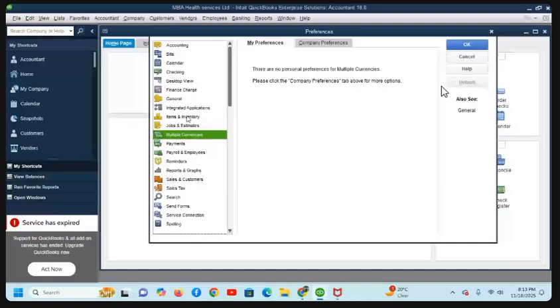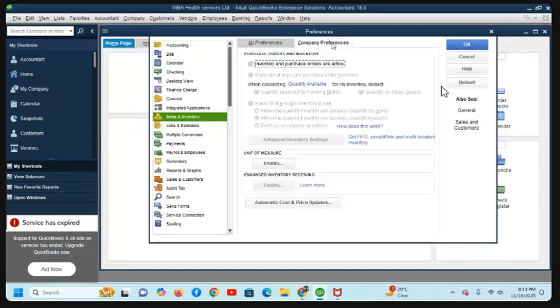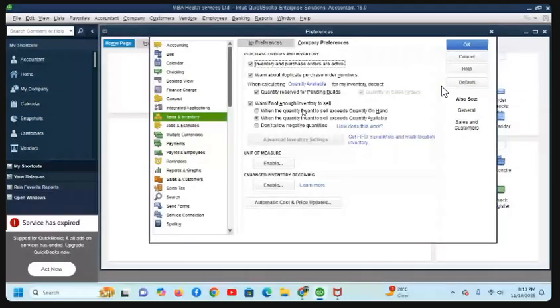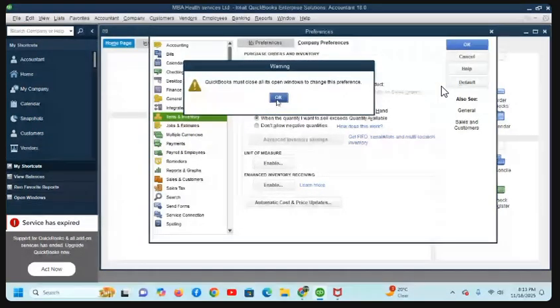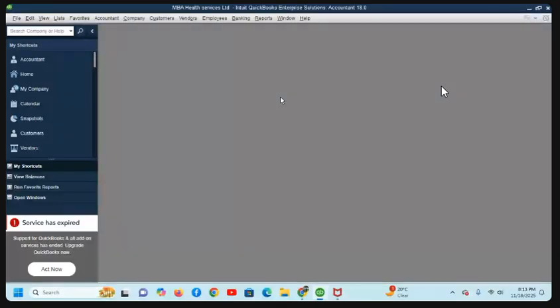If I want to be managing inventory, I come to inventories here, I come to company preference. Then I say if inventory purchase orders are active, I come and allow it. Then I click OK. You're going to see the display has changed.